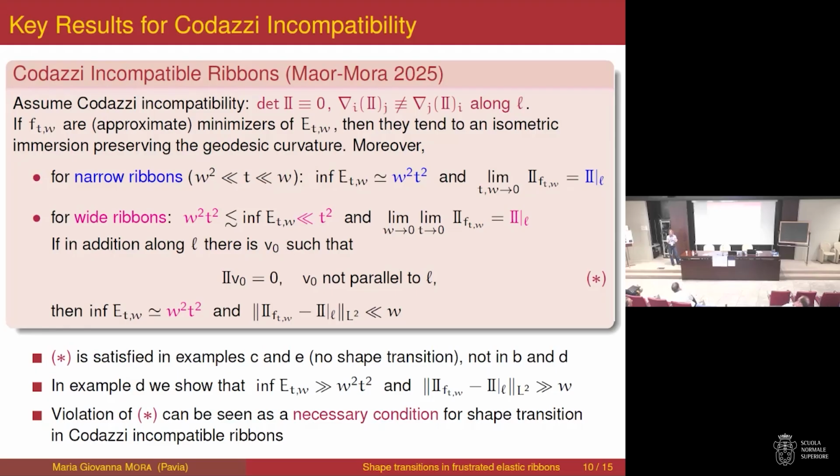While the shape transition in Codazzi incompatible ribbons is in a sense milder. And so with this asymptotic study, we can only see it in a different scaling of the minimal energy and in a different rate of convergence. So this is somehow what this result is saying.